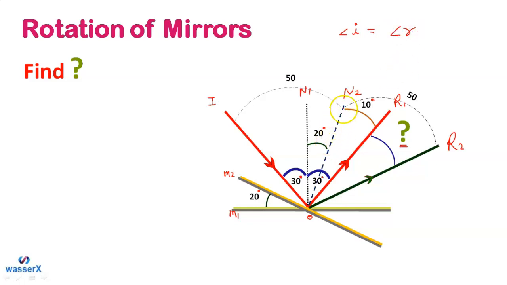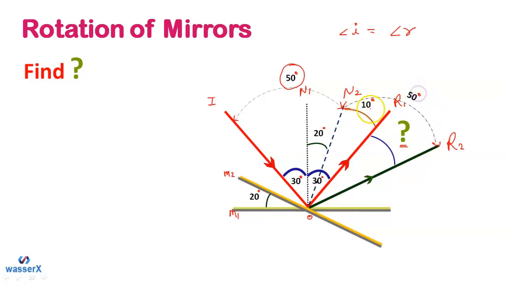So as you can see, this will be the angle of incidence, this whole angle from here to here, which is 50 degree. Why is it 50 degree? Because previously it was 30 degree, and there was a shift in the second normal, which was 20 degrees. So 30 plus 20 gives you 50 degree here. And because of that, this would also become 50 degree from this point to this point.